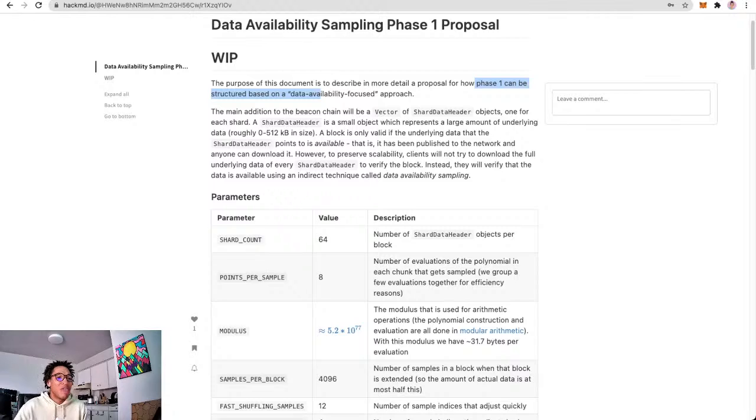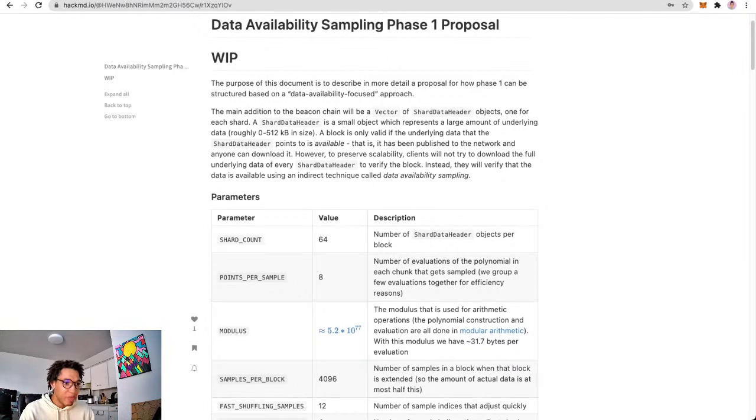A block is only valid if the underlying data that the shard data header points to is available. Okay, so a block is only valid if the underlying data is available. That is, it has been published to the network and anyone can download it.